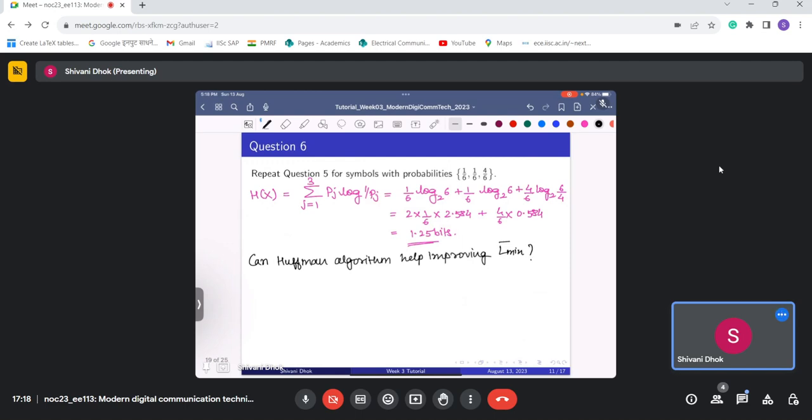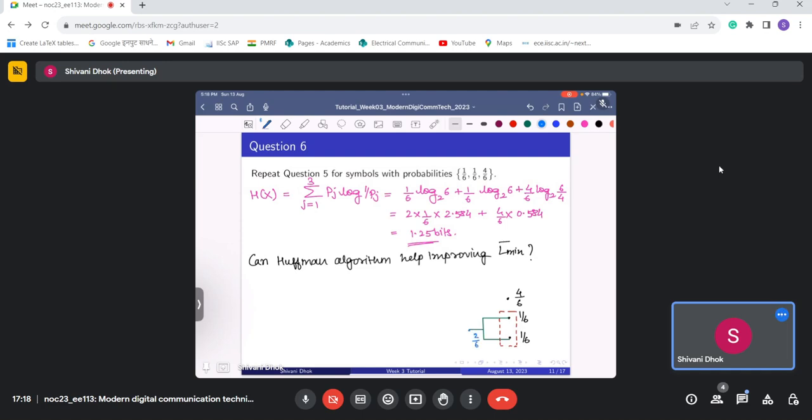Again we'll arrange it in decreasing order, something like this. So this will be 4 by 6, 1 by 6 and 1 by 6. We'll combine the least probability symbols and take them as one symbol. This symbol will have probability 1 by 6 plus 1 by 6, that is 2 by 6.